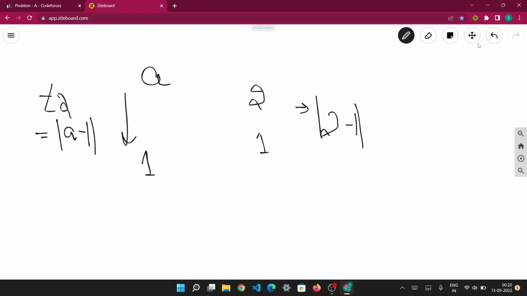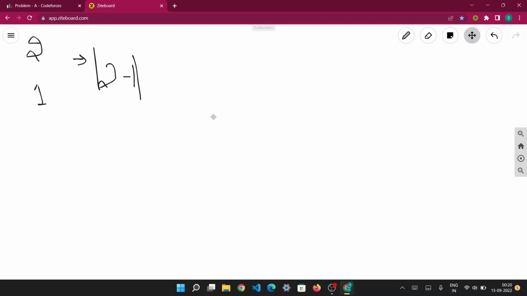Now the other cases, we have two cases here. When C is higher than B, then the elevator will go up to C first and then it will come from C to 1. So we need to calculate the journey upwards plus the journey downwards.